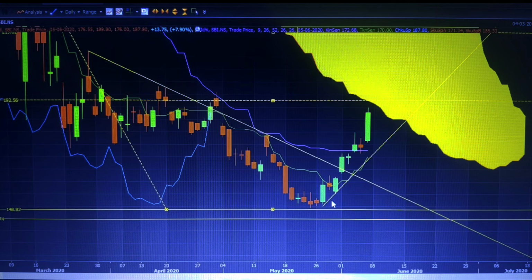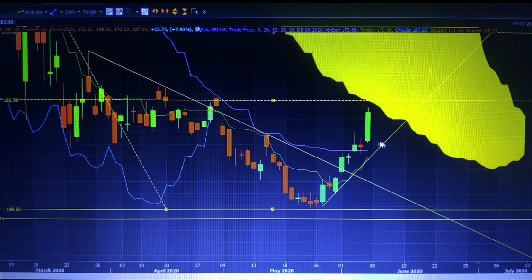Even if you have a view to go long from around 170 or 180 on a retest, since the first initial resistance is at 192, some profit booking may happen. But in that profit booking, you can create a fresh long position keeping a stop loss below 150. Just try it for study purposes to see whether this kind of call works or not.